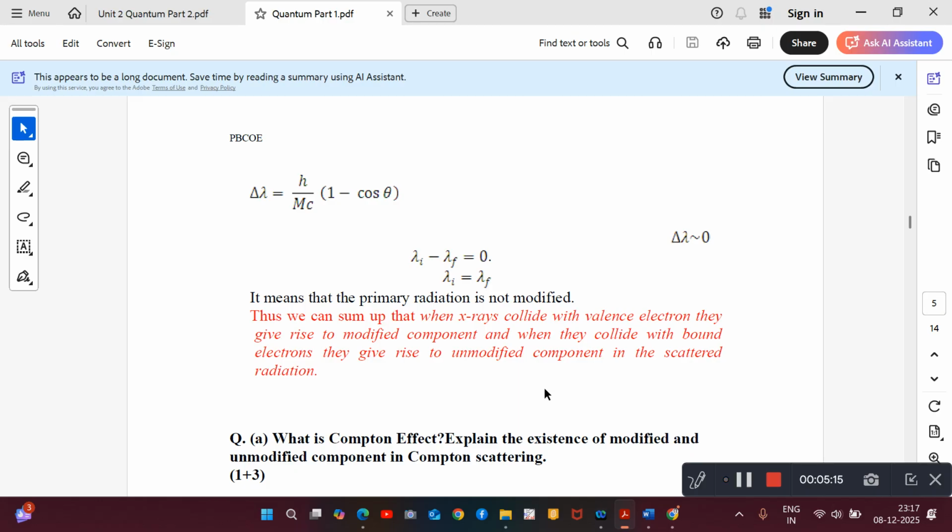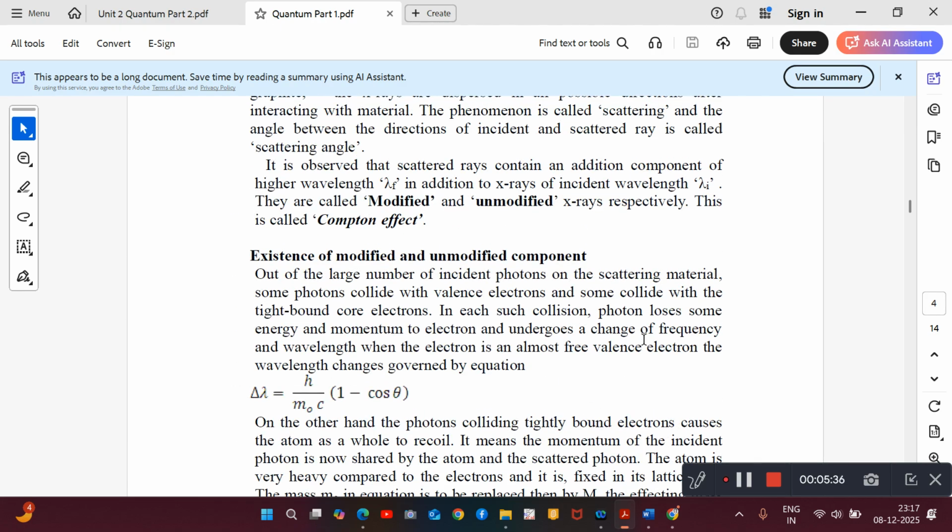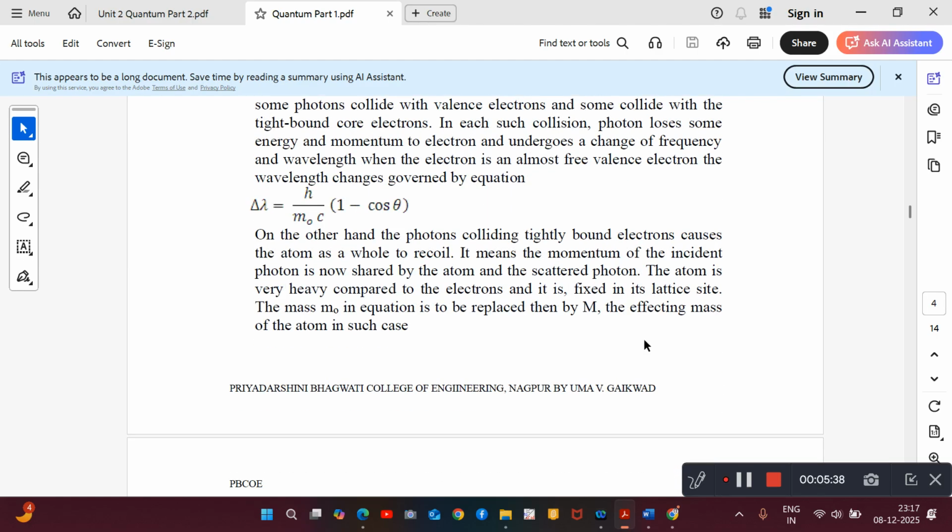Thus, we have seen that whenever a photon collides with a bound electron, it gives rise to the unmodified component, whereas when a photon and a free electron collide with each other, it gives rise to the modified radiation.